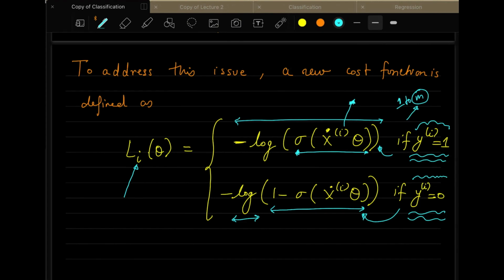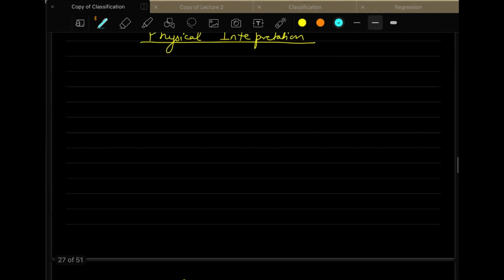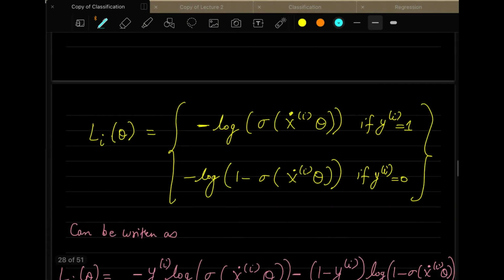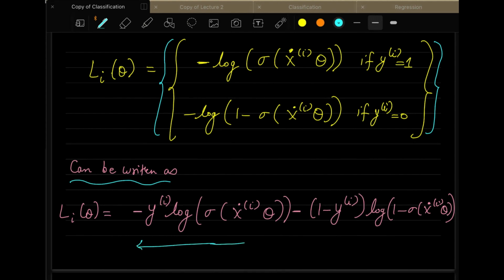That is our main objective. The thing is, we can do it like this. We are combining these conditional statements into a single statement, a single line, a single equation.